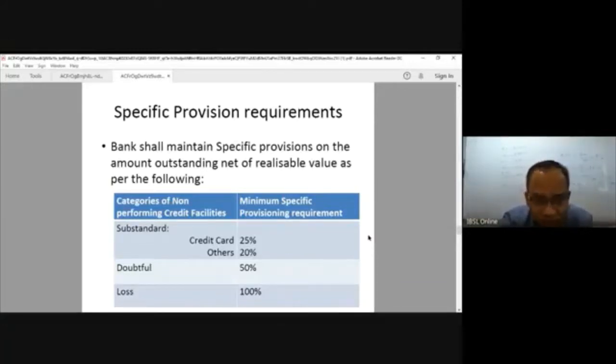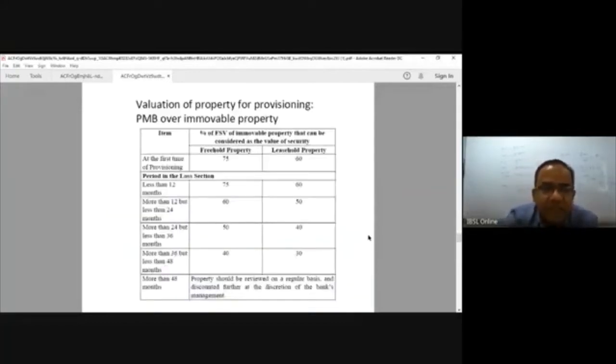For example, you have given a loan for 100 million. The first time you are provisioning, you can consider 75%. That means of the 100 million, the 20% you have to provide.